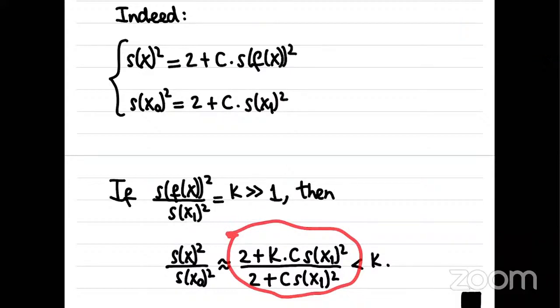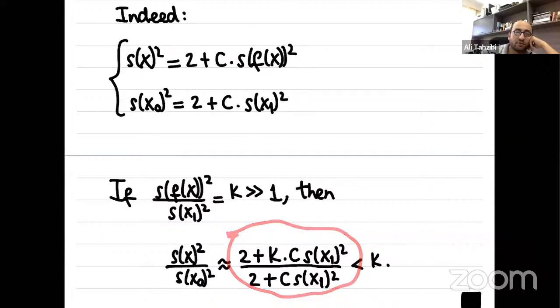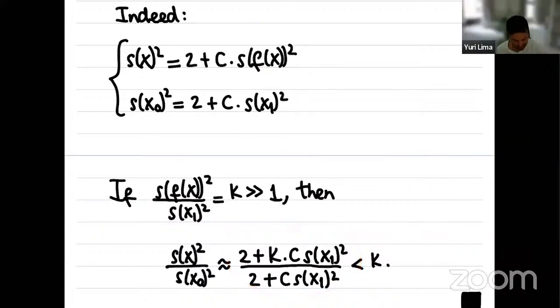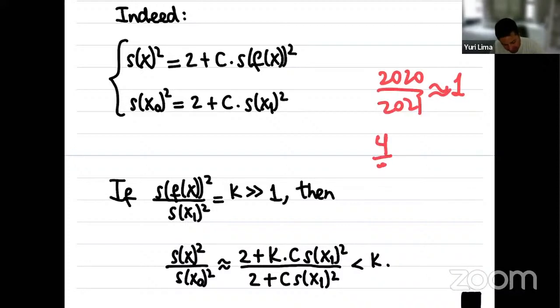So this is just saying that the fraction that you get, numerator and denominator become bigger. They are more or less of the same ratio, but they become bigger. So it's like 2020 over 2021 is much closer to 1 than 4 over 5. Exactly.